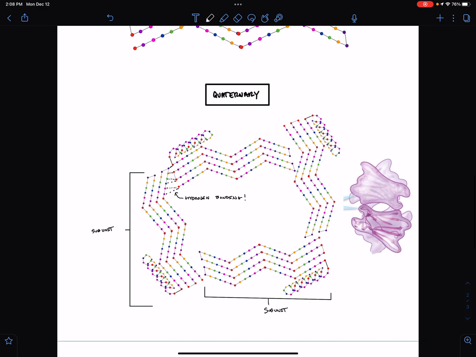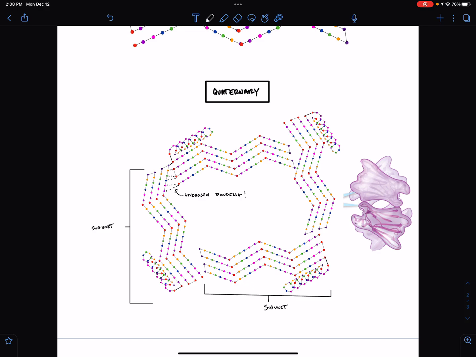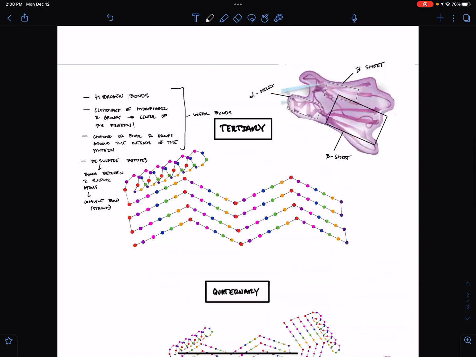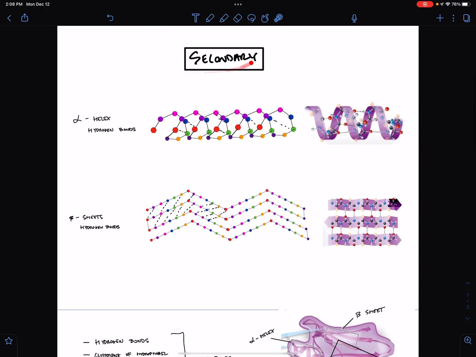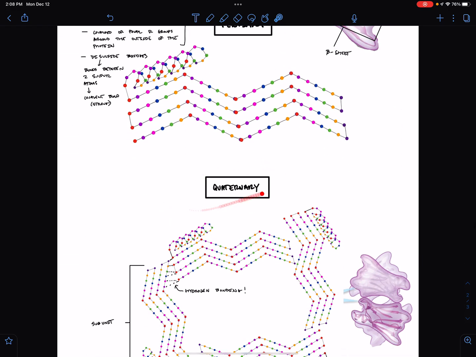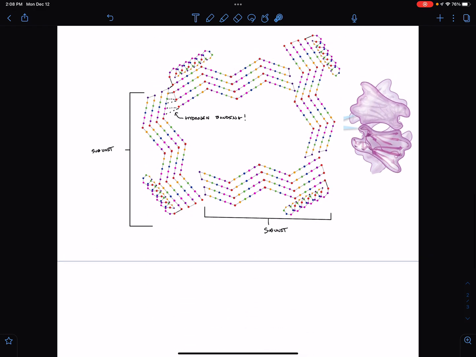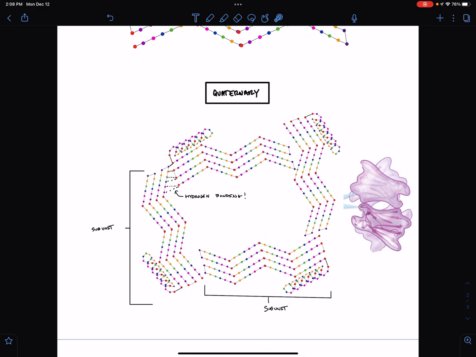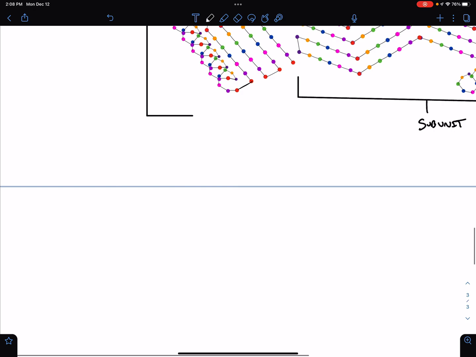The big takeaway from this screencast is the idea that secondary through quaternary structure is all held together by relatively weak bonds. And we're going to talk about the different ways to disrupt hydrogen bonding.